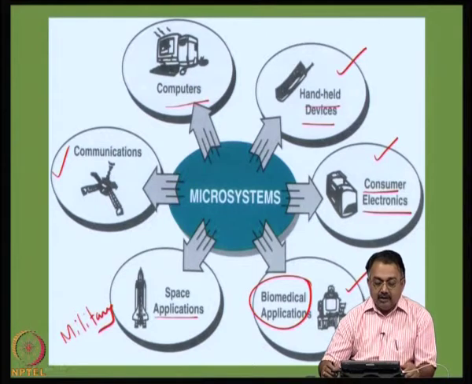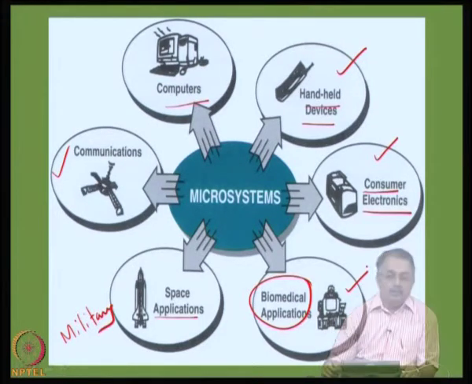So, what I am trying to explain from this slide here is, you can see microsystems encompasses or includes various sectors, and these various sectors have various target specifications and requirements. All of them are not uniform. So, the packaging designer will have to take care of requirement of design issues, manufacturing issues, testing issues and reliability calculation issues based on the application area.